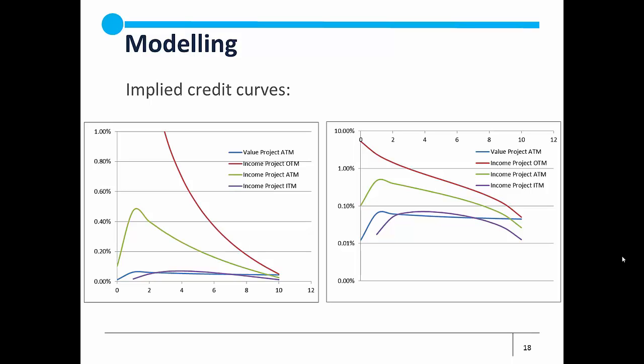And then for the income project, the more time that passes, the more the income gets paid out, so the actual value to be saved by defaulting becomes lower and lower, and that's why the curves again go to zero. Now if you contrast that to the value project, it doesn't matter how much time passes because none of the value has been passed on to the equity holders, and therefore there's no such decrease to zero when we come to the maturity of the project.